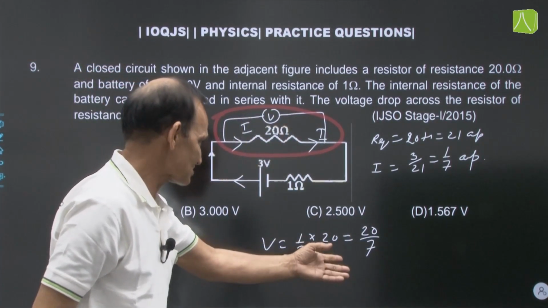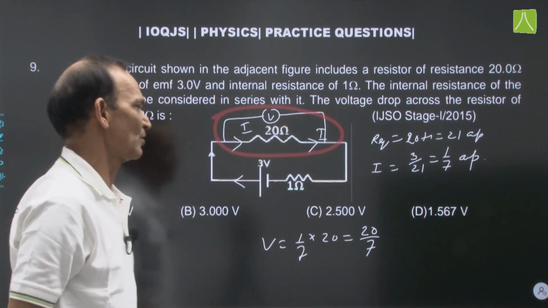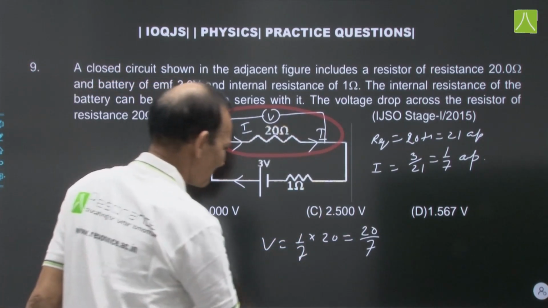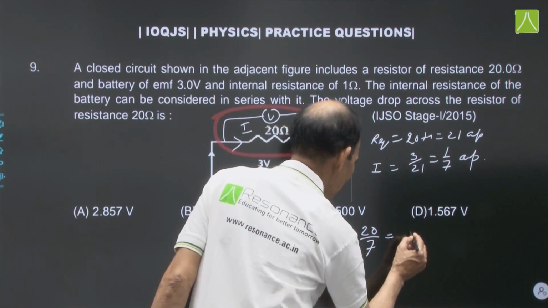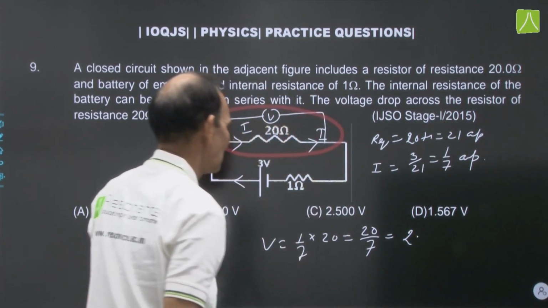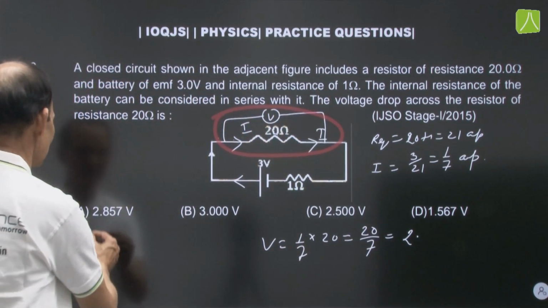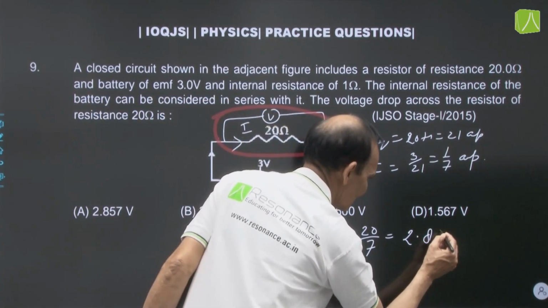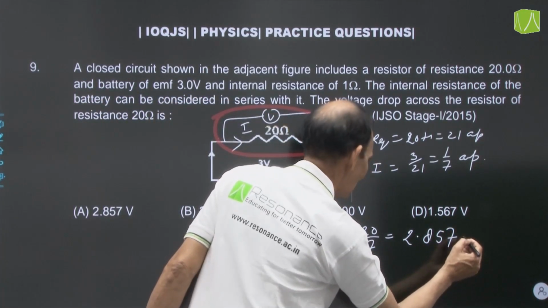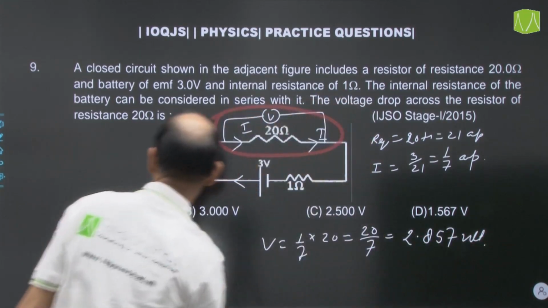If it were 21, that would be 3 volt. What is less than 21? 20, so it is somewhat less. We can easily find, divide, okay, the correct option is 2.857 volt. The correct option is A.